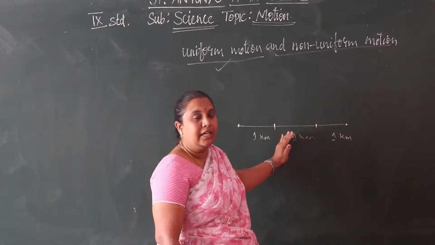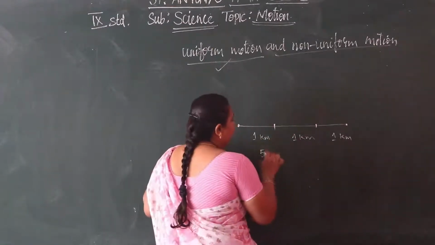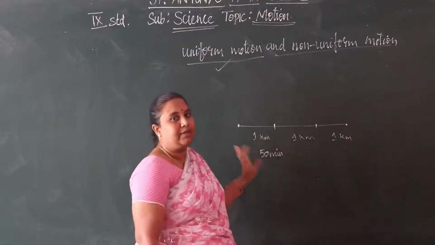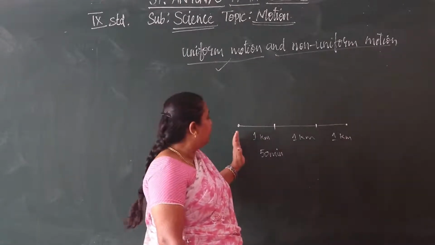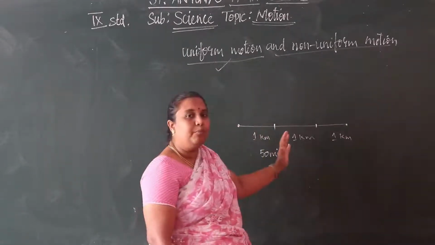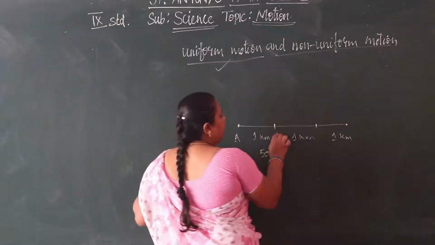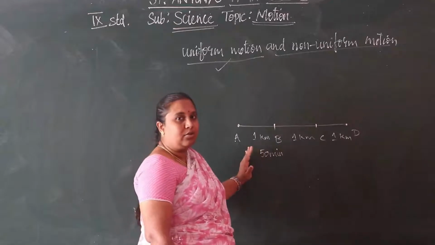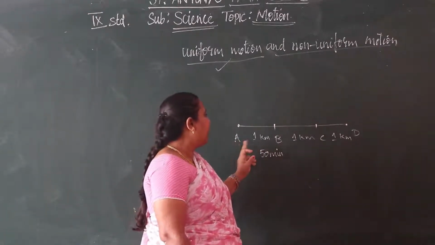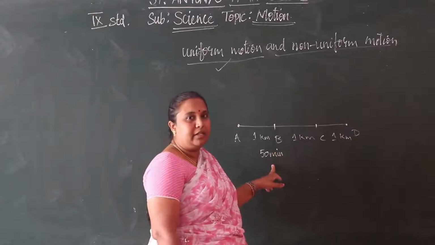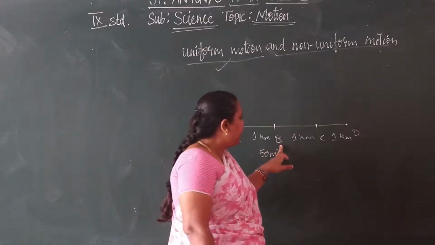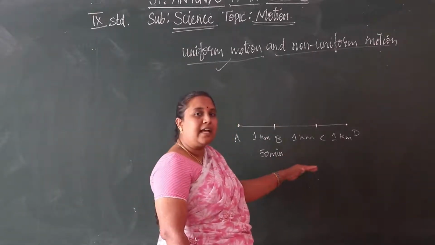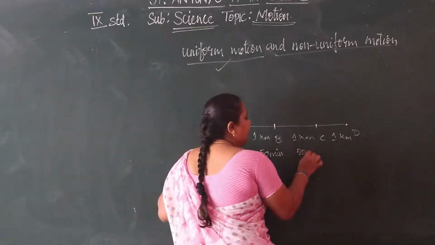Here a vehicle is moving from here to here. The first 1 kilometer takes, we can take, 15 minutes. A vehicle is moving from A to B. We can take A, B, C and D. I'll give you an example for this. A vehicle is moving from A to B. It takes 15 minutes, and the vehicle moves from B to C. The distance is the same, 1 kilometer, and the time is also the same, 15 minutes.